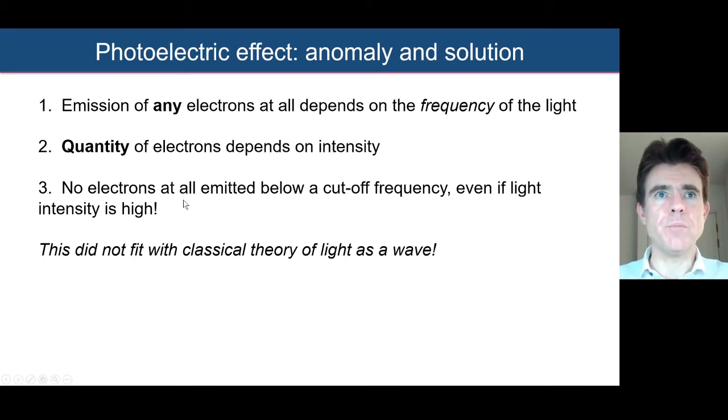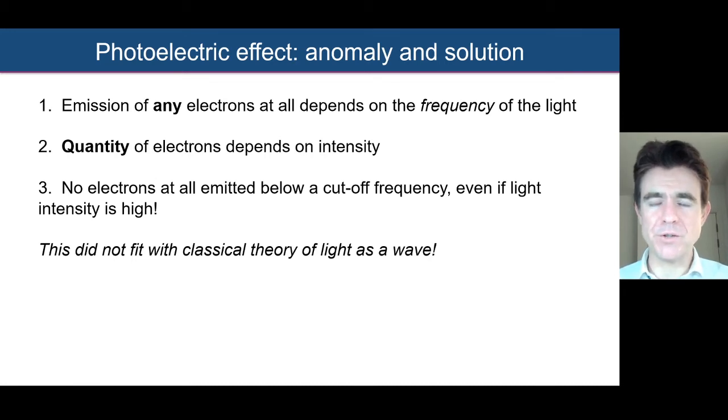And at the same time, though, if we reduce the frequency of the light, in other words, if we go from blue towards the red end of the spectrum, then we get no electrons emitted at all. So that seems easy to understand, just as we list it in that kind of way.